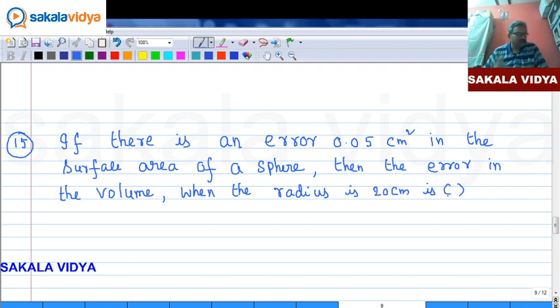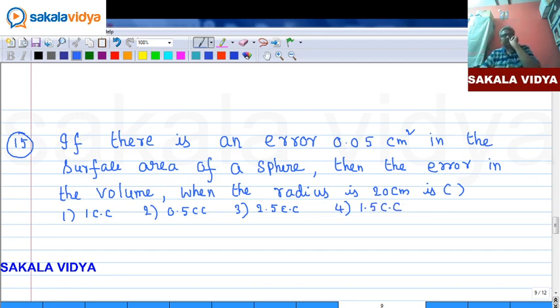This is the question. First option 1 cc, 1 cubic centimeter. Second 0.5 cc. Third 2.5 cc. Fourth 1.5 cc.